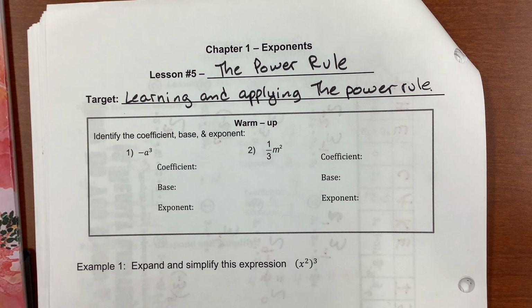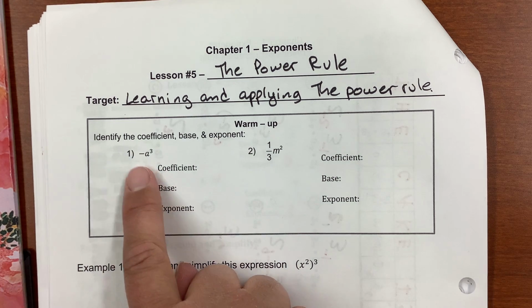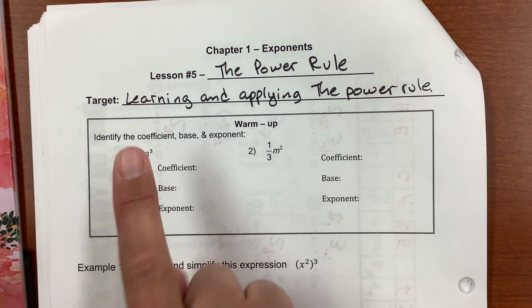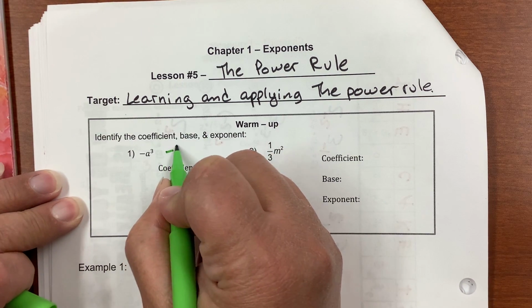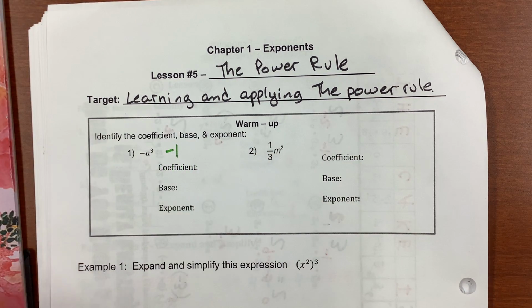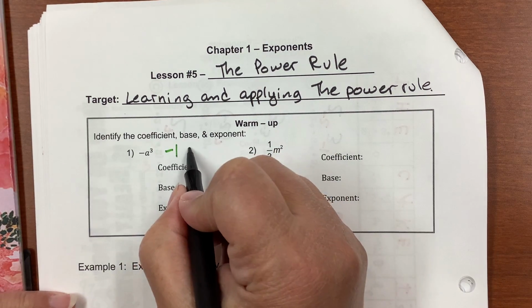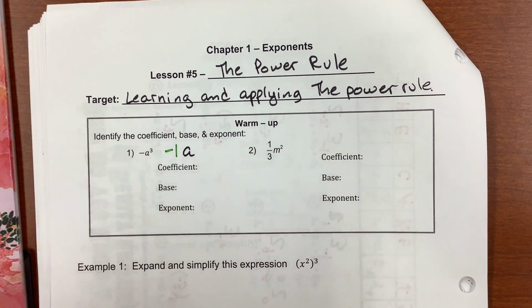Okay, now time for the warm-up. Pause the video and try the warm-up. You know, vocabulary is key to math. Okay, welcome back. Now, look at that negative sign in front of the A. You know that means really it's -1 times A cubed.